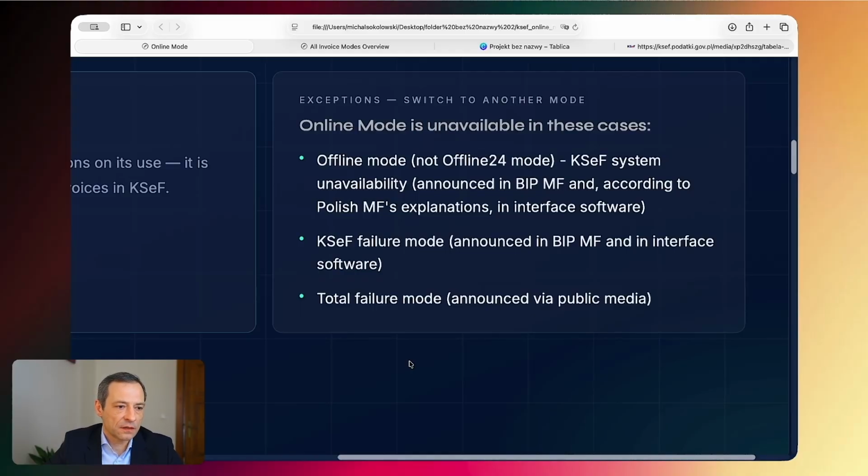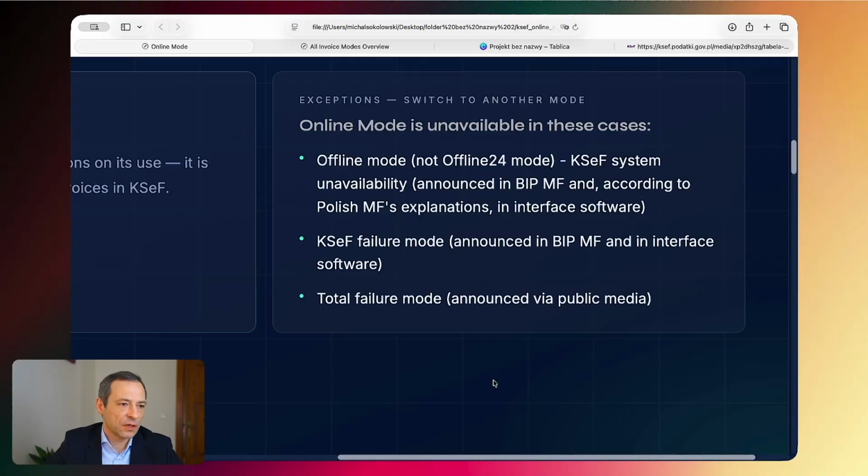And the third situation in which the online mode will not be available is the total failure mode, which is foreseen for situations which are critical, which present a threat to the whole country or to the country's infrastructure.